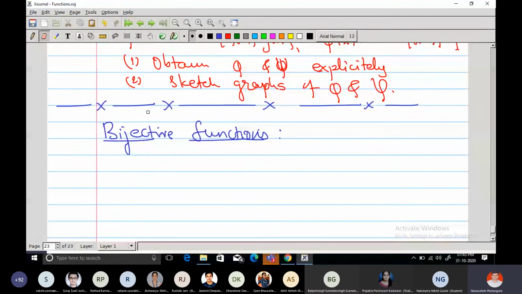They have many significance in analysis in mathematics. So, one-one function or injective function.